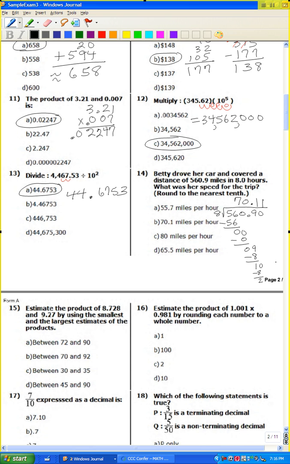And so I have that the speed here is approximately 70.11. I'm going to round here to the nearest tenth. And so 1 here is smaller than 5. Therefore, this is rounded to 70.1 miles per hour. And so B.